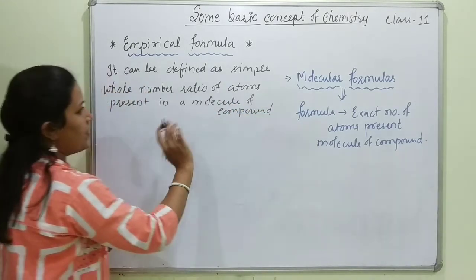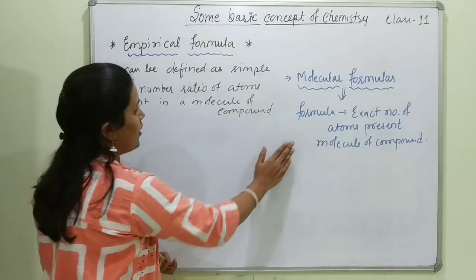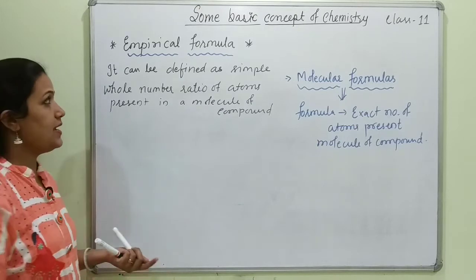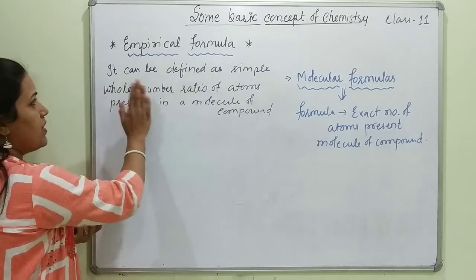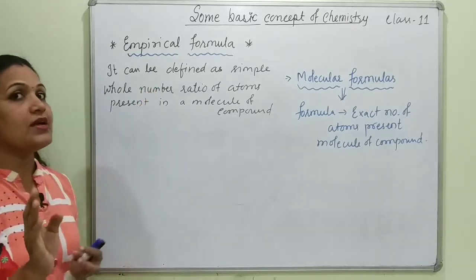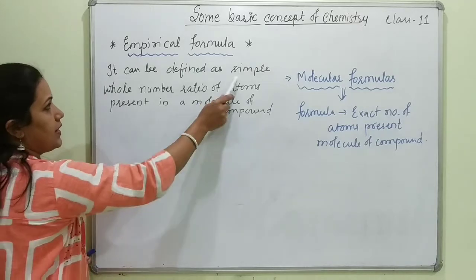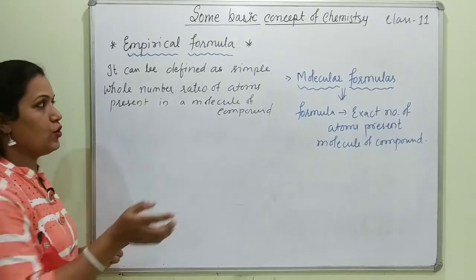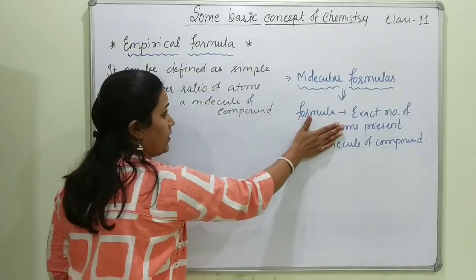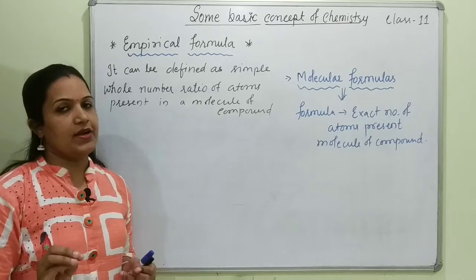As we have written both formulas here, we can easily understand what empirical formula is and what molecular formula is. Empirical formula is the formula in which we take the simple whole number ratio of the atoms, whereas molecular formula means the exact number of atoms.